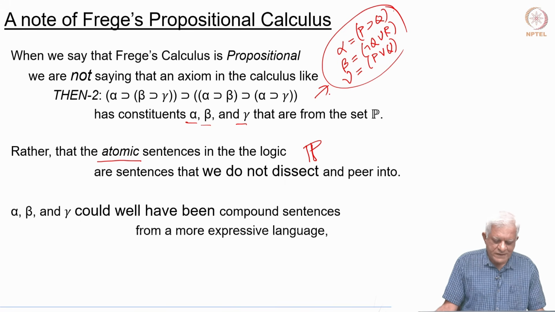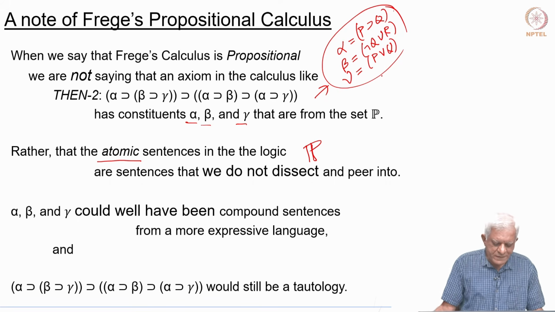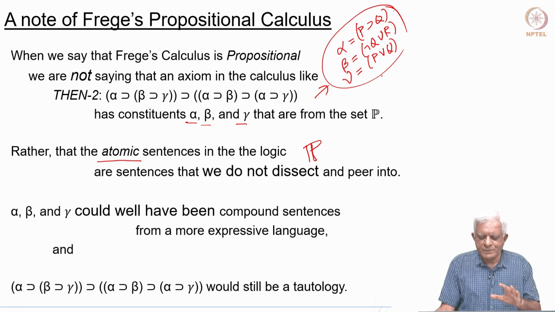As I was saying, alpha, beta and gamma could well have been compound sentences, from some more expressive language. It does not even have to be a propositional language, it could have been first order logic or any other logic, and these axioms would still be true. So, that is what we meant by saying that this is propositional in nature.